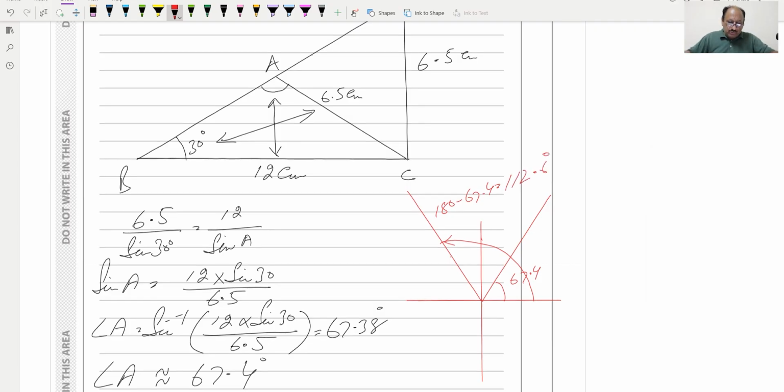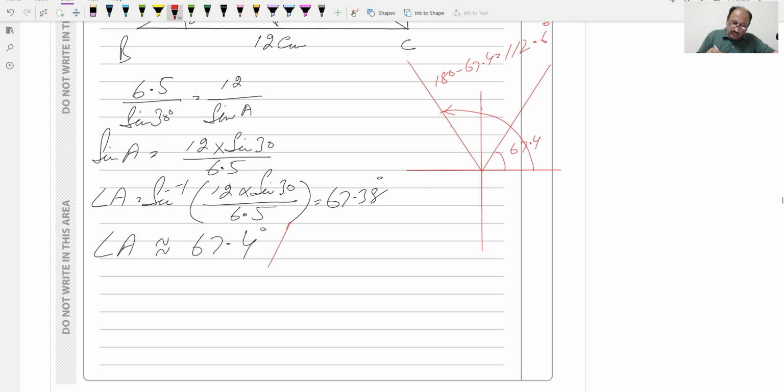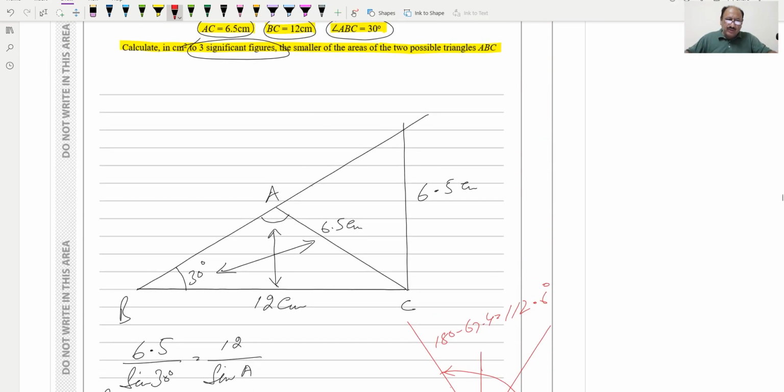So we got these two angles, this angle or 112.6 degrees, and this angle which we found 67.4 degrees.